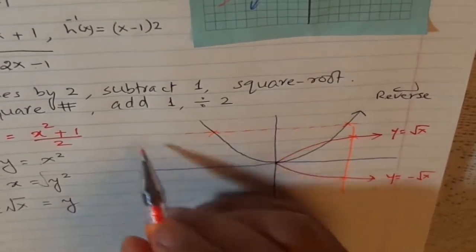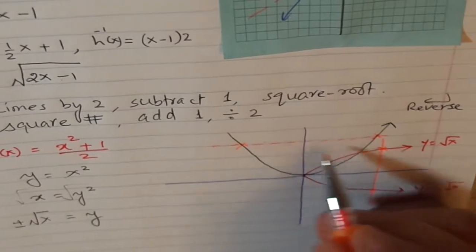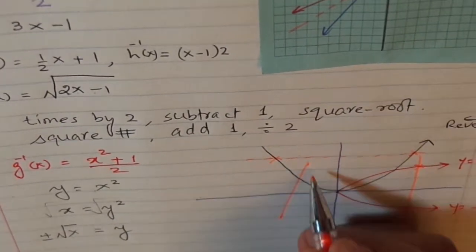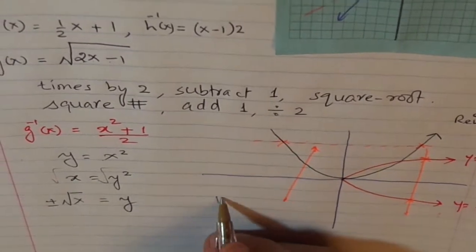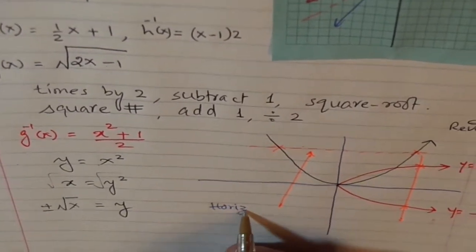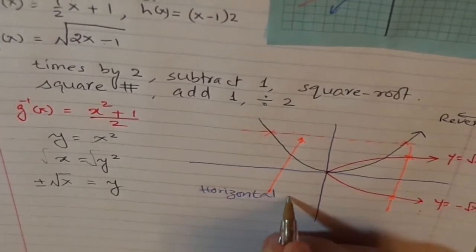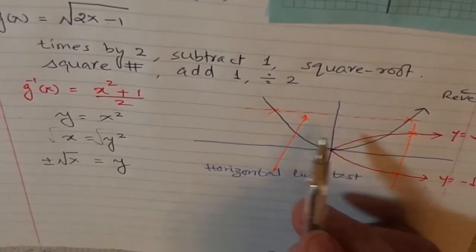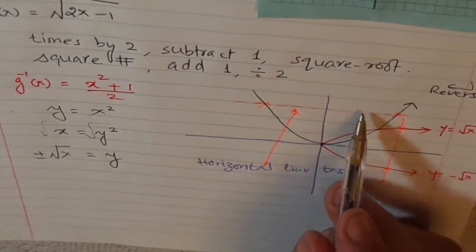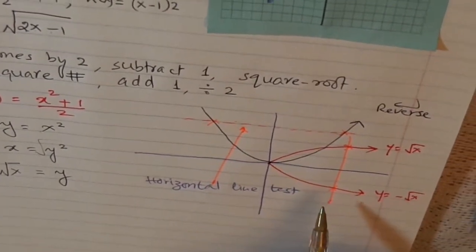Therefore, if a function fails the horizontal line test, as we call it, then its inverse will not be a function.